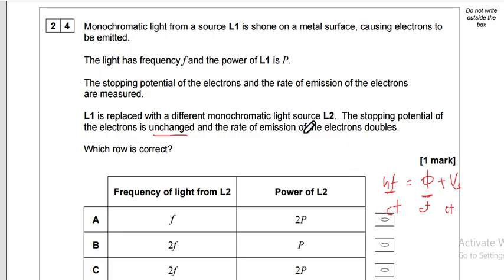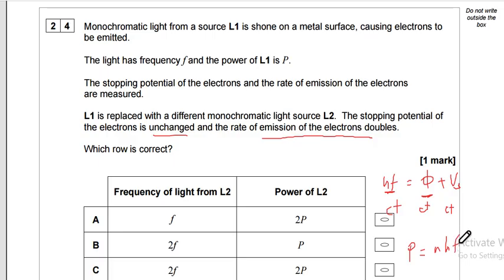So the other source differs in rate of emission. This means that its intensity is different, not the frequency. The frequency from this equation is proven to be constant, but as we know that intensity is power over area, let us talk about power, which is fine too.